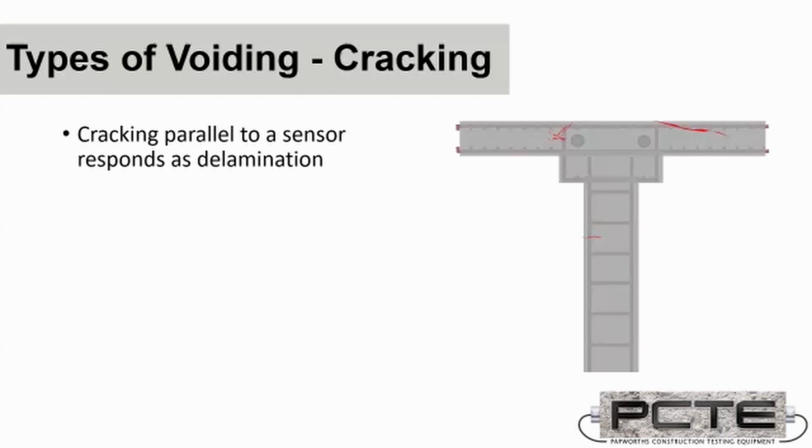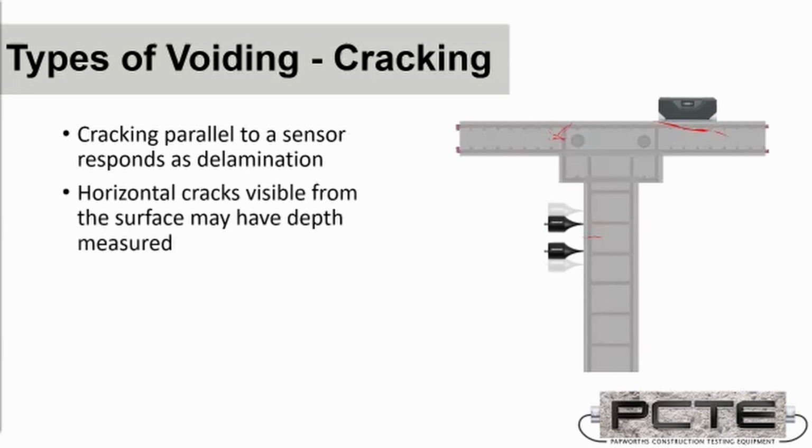Now, cracking is one of the questions I get asked most commonly, and it's also one of the things that's hardest to do a lot with. If it's parallel to a sensor, it's a delamination. You can measure it like you would measure a delamination. If you've got a horizontal crack visible from the surface, it may be appropriate to use one of the ultrasonic pulse velocity-based measurements of crack depth.